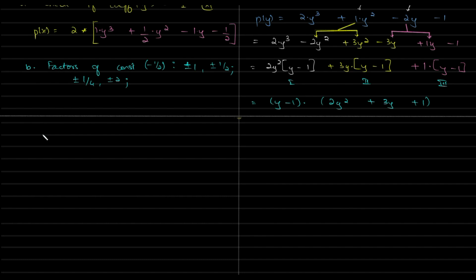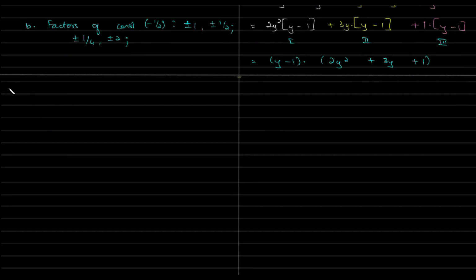And at last we will be doing our fourth step, splitting the middle term of g of x, g of y actually, which is equal to 2y square plus 3y plus 1.